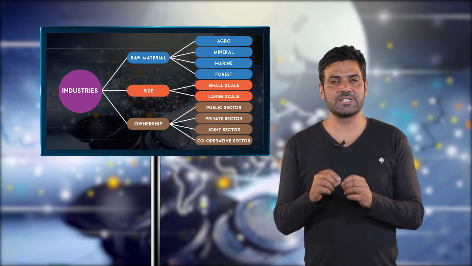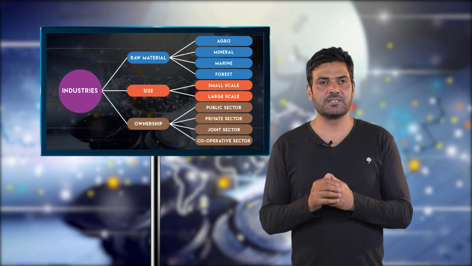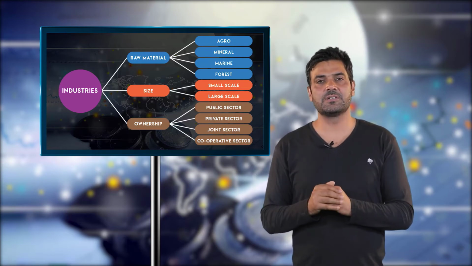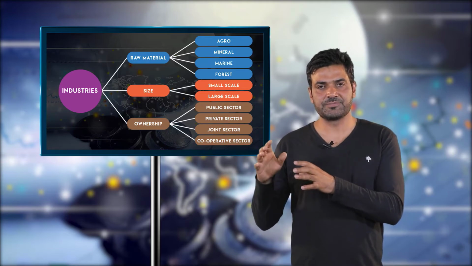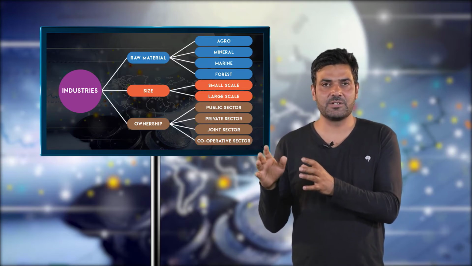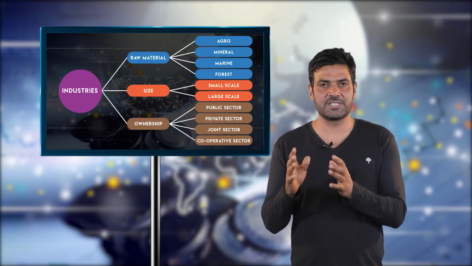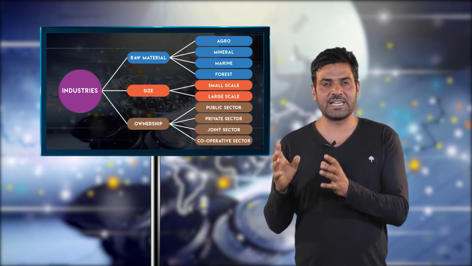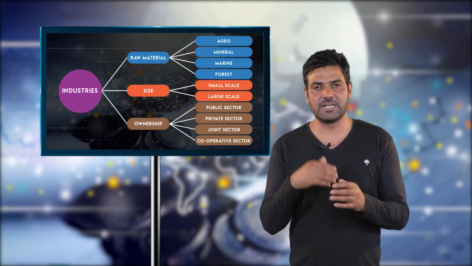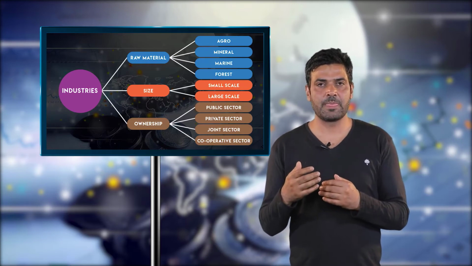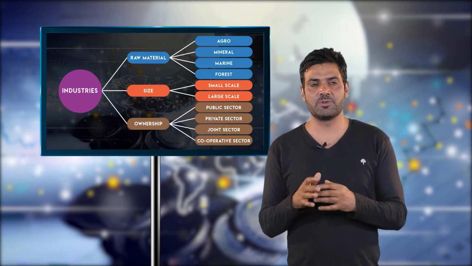We have industries like the silk processing industry as a small-scale industry, and we also have cottage industries, which are part of the small-scale industries. Examples of cottage industries are carpet weaving, pottery, and embroidery.